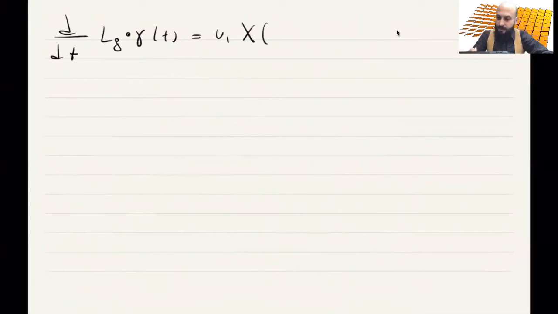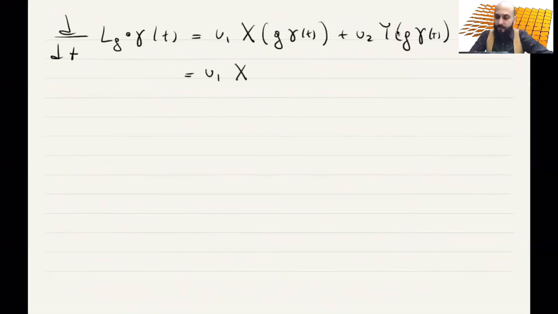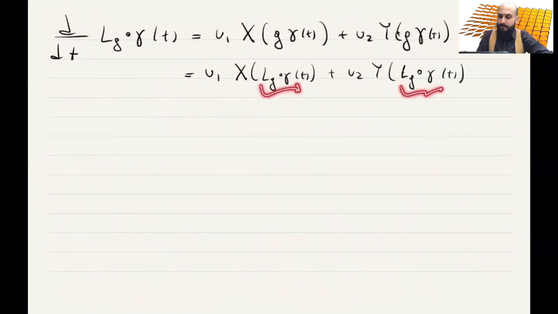So it's the vector field x at g gamma t, plus u2, similarly, y at g gamma t. Which is the same as saying u1 x at the curve Lg composed with gamma t plus u2 y at Lg composed with gamma t. So we proved that this curve is horizontal.